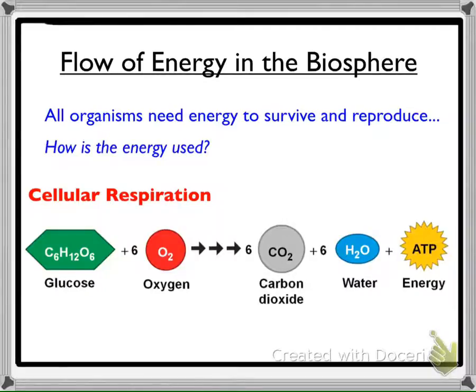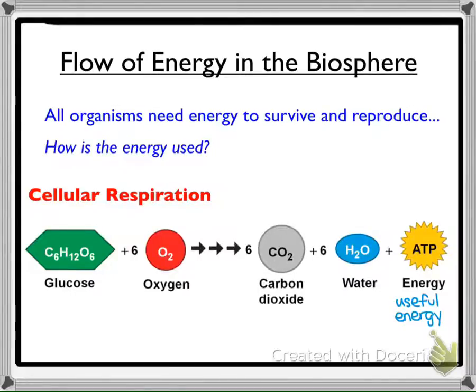And in the process, a different type of energy is made, a type of energy called ATP. ATP is actually a molecule that also contains high energy bonds, and that energy can be used when the bonds are broken. But unlike glucose, ATP is a form of energy that's very easy for our cells to actually use. So we can consider ATP to be useful energy.